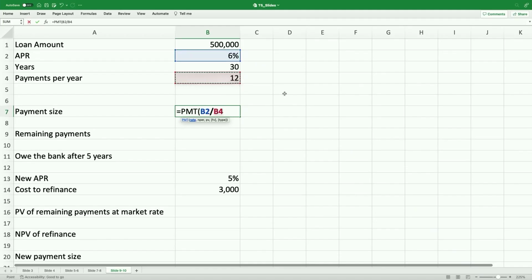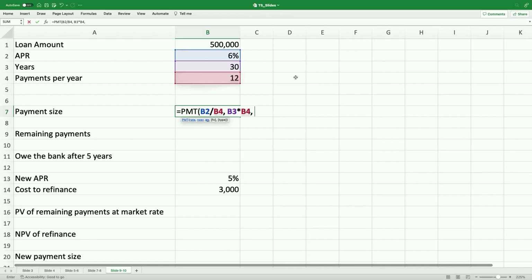As we said, it's 0.5% each month. The number of periods, so this loan is a 30-year loan, so we take 30 times 12, 360 months, right? 30 years, 12 months a year, 360 months.